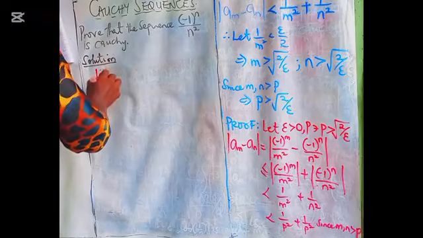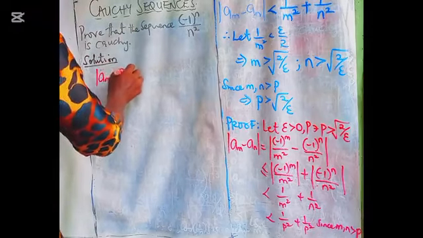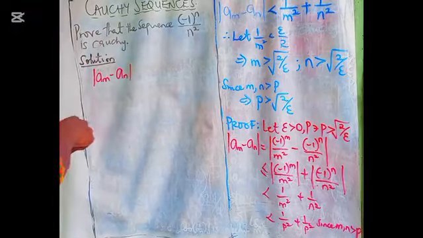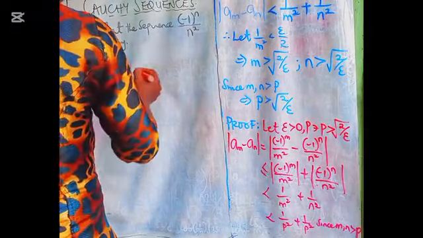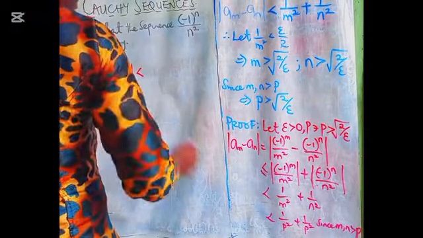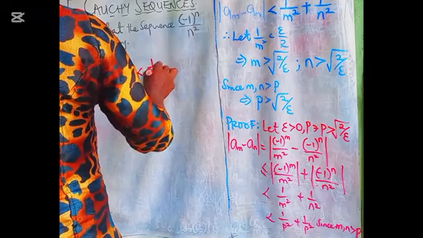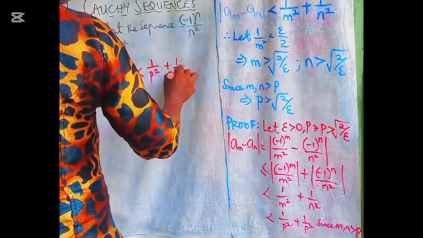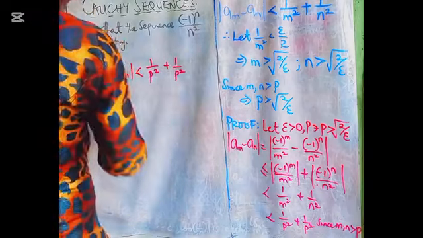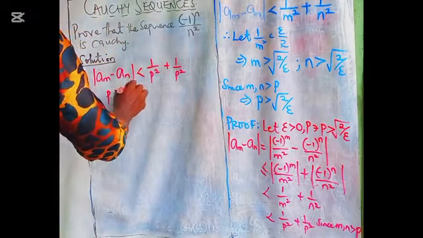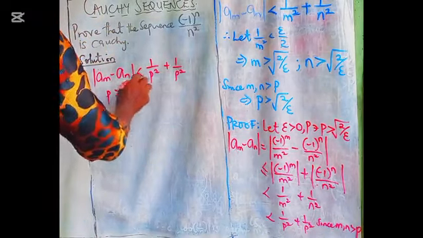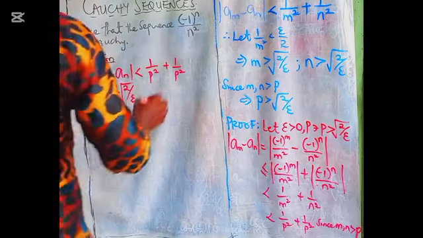Therefore, the absolute value of a_m minus a_n will be less than, as we said there, 1 over p squared plus 1 over p squared, but our p is greater than the square root of 2 over epsilon.